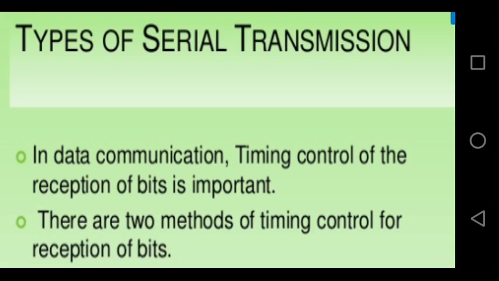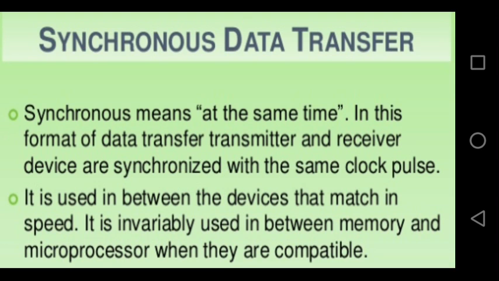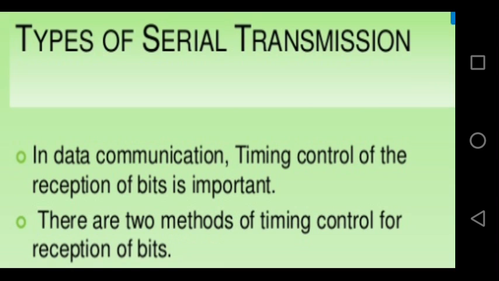Next, there are different types of serial transmission in data communication. Timing control of the reception of bits is important. There are two methods of timing control of reception of bits.